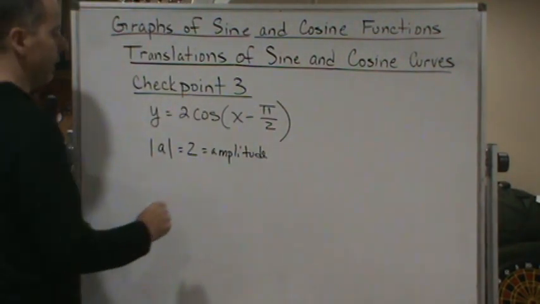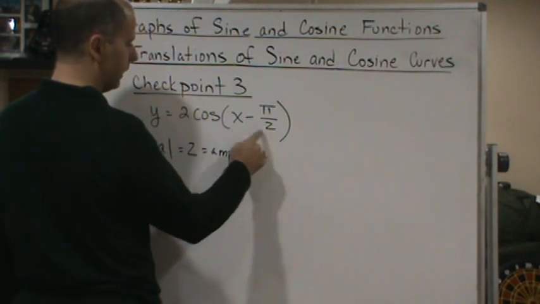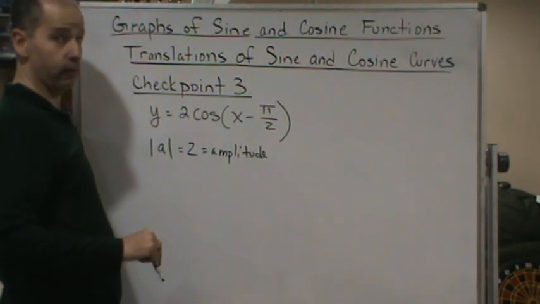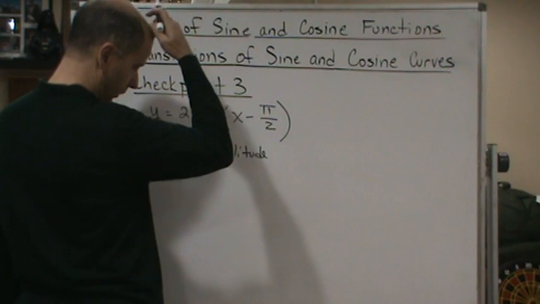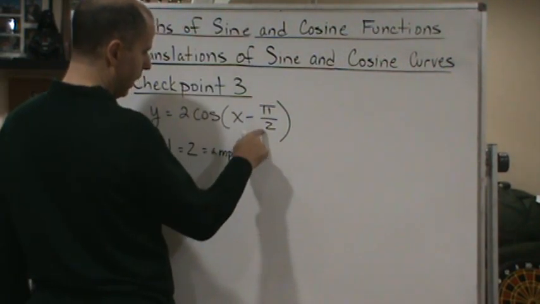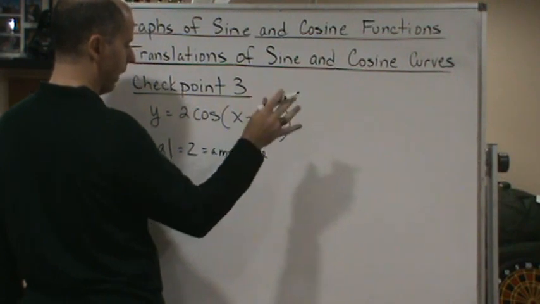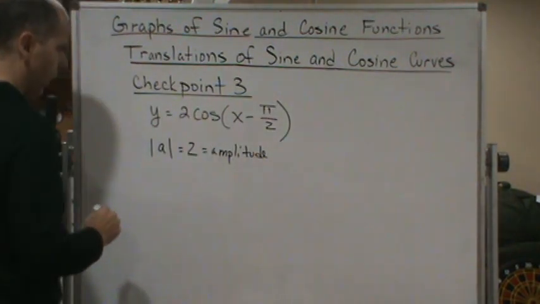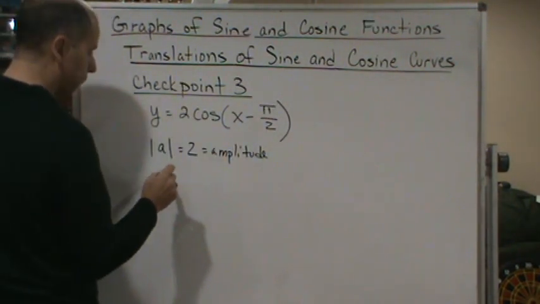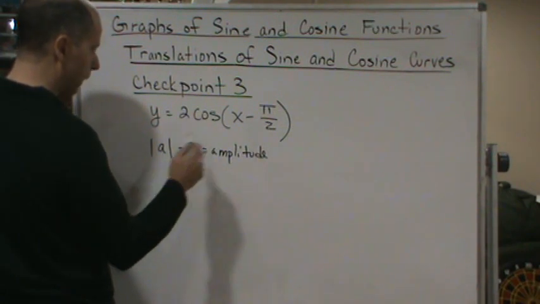Okay, so now looking at this, I know this is going to be a phase shift of pi over 2. You could tell also because, from what I said before, this is going to be shifted to the right pi over 2. But let's go through the period.